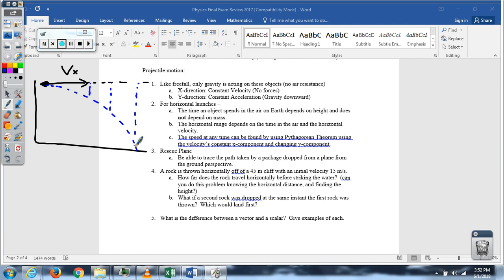Whereas from the perspective from here, looking at it from the ground, you see the plane traveling forward, and you watch the package falling in 2 dimensions, forward and downward. So it's a combination of those 2 motions. If the plane were to speed up, then it would appear to the people on the plane that the package was being left behind. If there was air resistance, the package's forward motion would be affected.